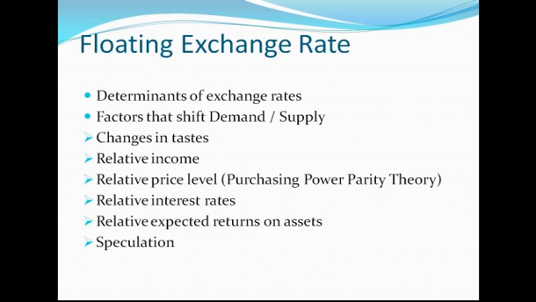These are the factors that can change the supply and demand: change in tax, relative income, relative price level, relative interest rate, relative expected return on assets, speculation. These are the items that can fluctuate the exchange rate.